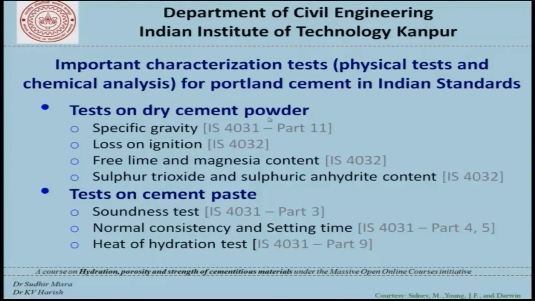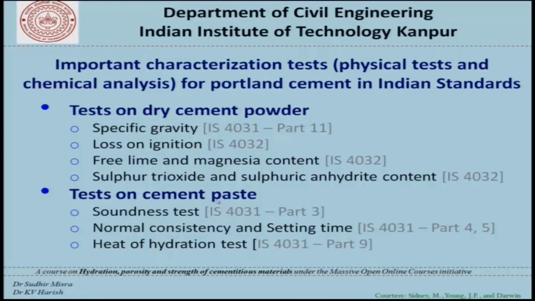For dry cement powder, one may have to find out the specific gravity, loss on ignition, free lime and magnesia content, sulfur trioxide and sulfuric anhydride content. So, these tests are done as per Indian Standard 4031 part 11 and IS 4032. Remember, IS 4031 and IS 4032.